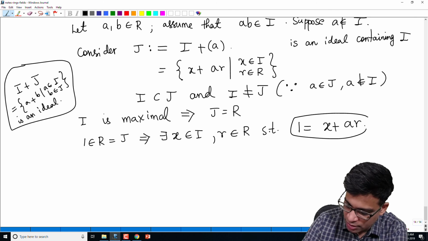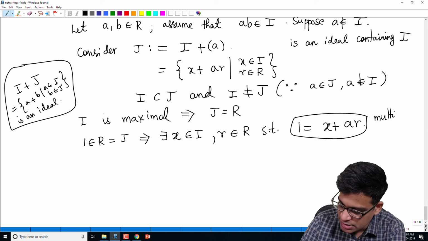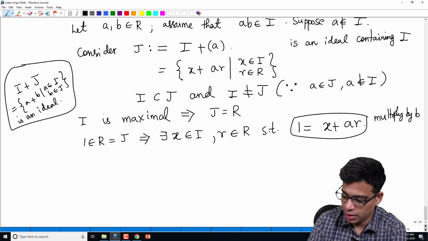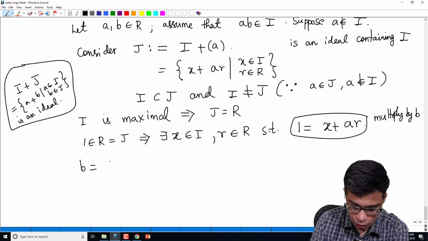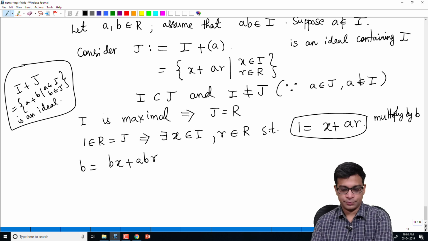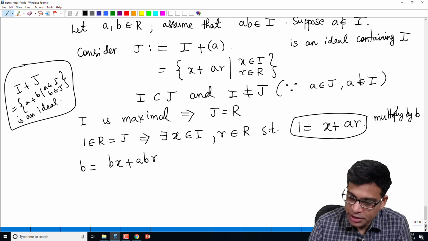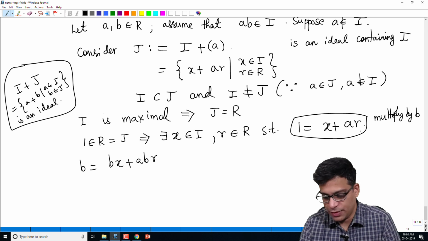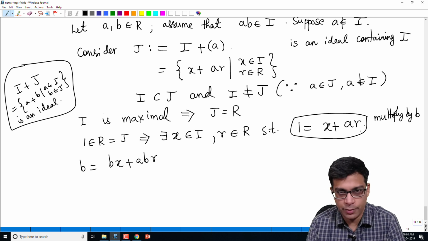But now let's look at this and multiply both sides by B. B is our other element. So we get B is equal to Bx plus ABR, right? B times 1 is B, Bx plus BAR. This is the distributivity of addition and multiplication.